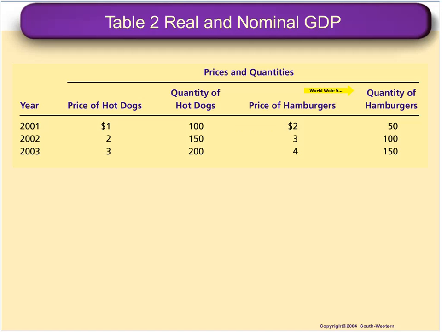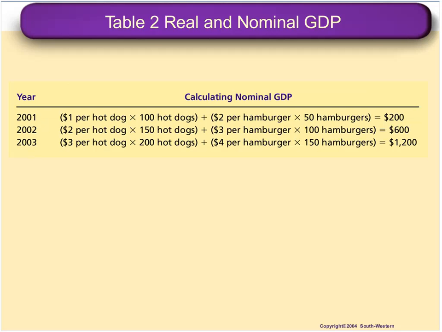So based on the quantity sold and the prices, you have different information for hot dogs and burgers in different years. For year 1, 2001, a $1 hot dog multiplied by 100 hot dogs, plus a $2 hamburger multiplied by 50 hamburgers sold. The nominal GDP for 2001 is 200.